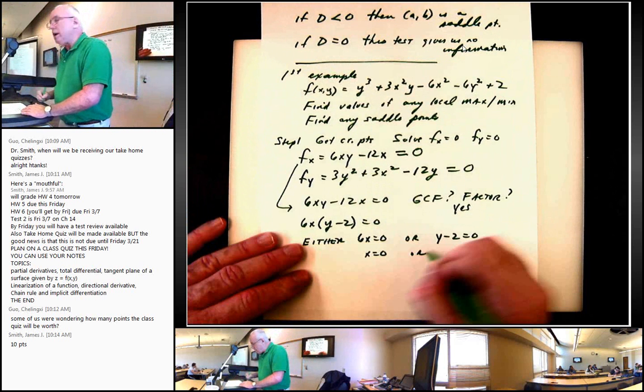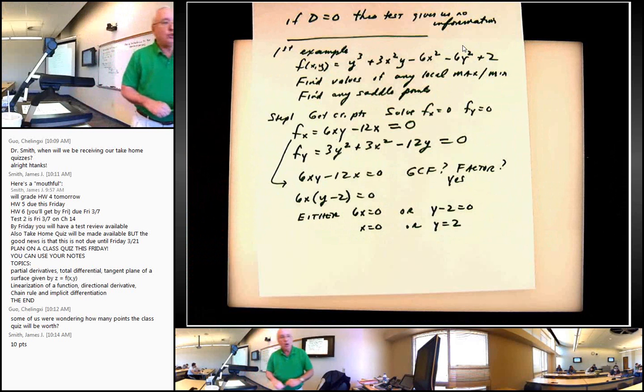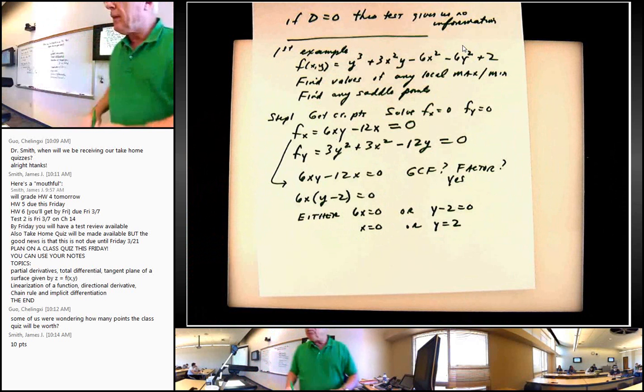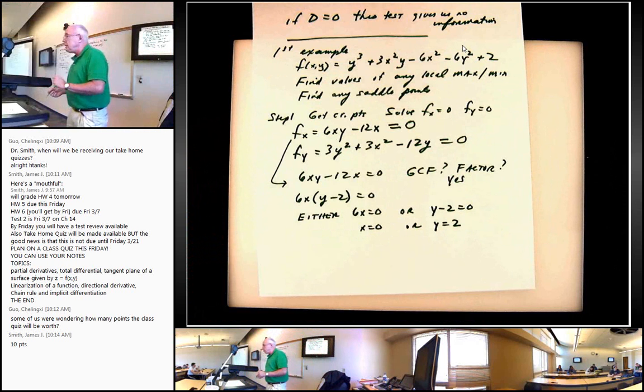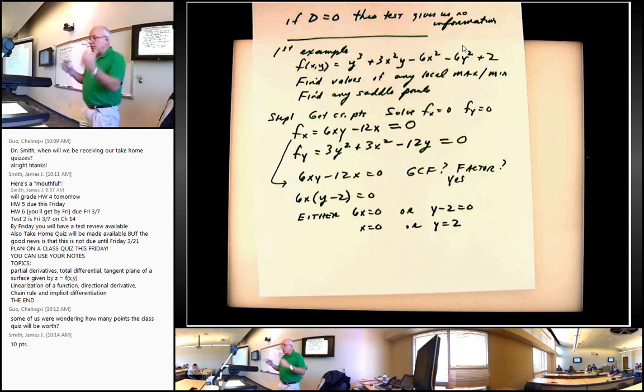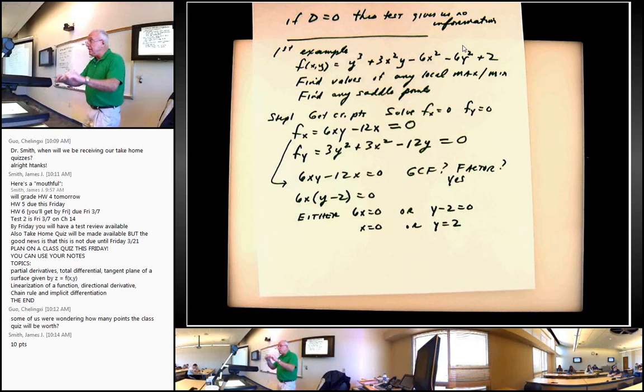Or y minus 2 equals 0 means y is equal to 2. So basically, this one leaves us with two cases to proceed in. We know that we either have to have x equals 0 or y equals 2 in order to get fx equal to 0. Now let's go with those cases and go to the second equation.